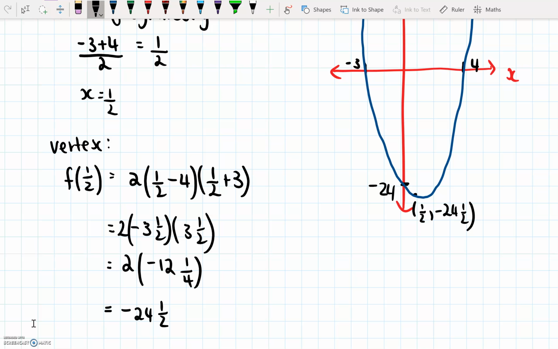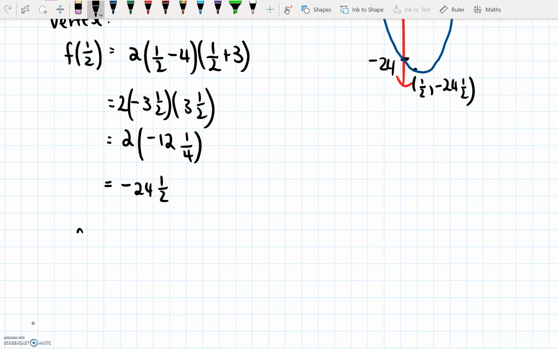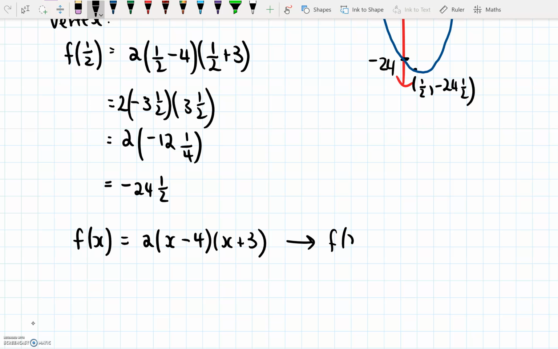So if we take this parabola that we have, which was f(x) equals 2(x plus 4), wasn't it? No, it was (x minus 4)(x plus 3). If we want to turn that into f(x) equals ax squared plus bx plus c, all we need to do is expand the brackets.